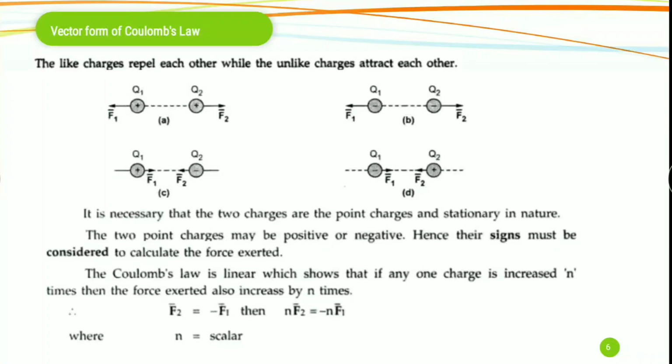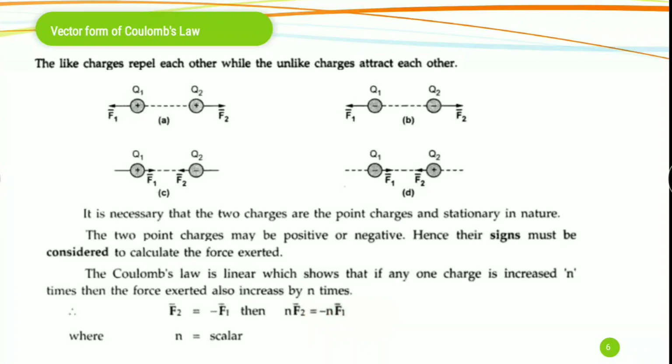So this vector form is applicable not only for a unit positive charge, it will be applicable for n number of charges. If there are n charges, their force also increases. Simply, nF2 is equal to minus nF1. Here n is a number, that means it is a scalar quantity.